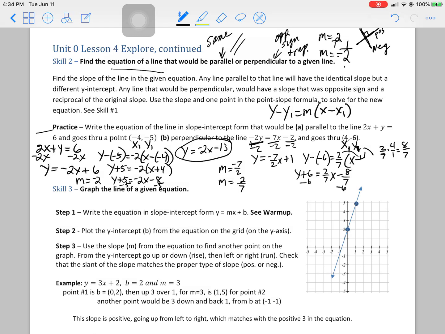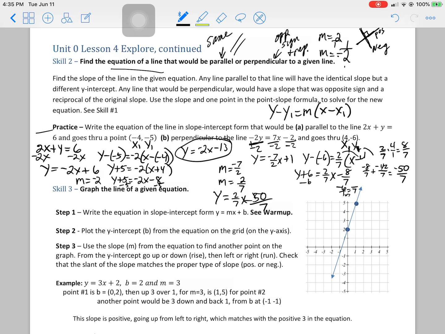Okay, so how do we take a negative 8 over 7 and add a negative 6 to it? Well, what's a negative 6 in terms of 7? That would be times 7, so that'd be a negative 42. That would be a negative 50. So our final answer, which I'm kind of out of room for, would be y equals 2 over 7x minus 50 over 7.